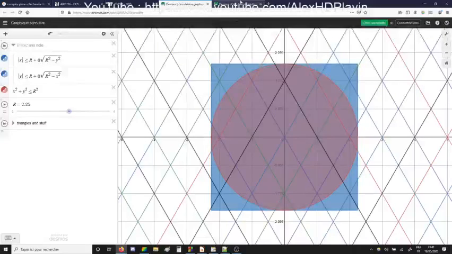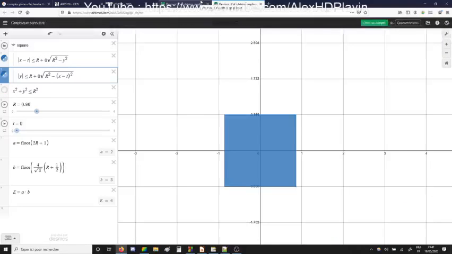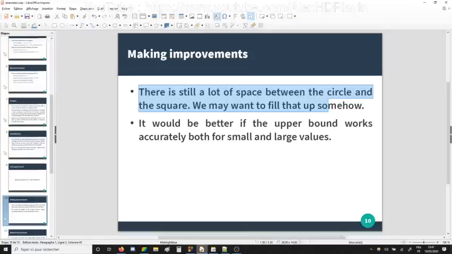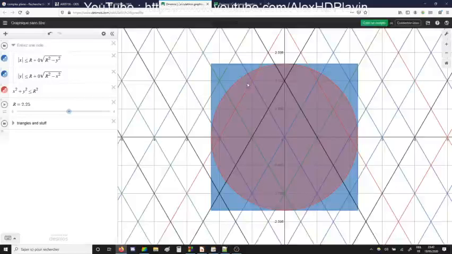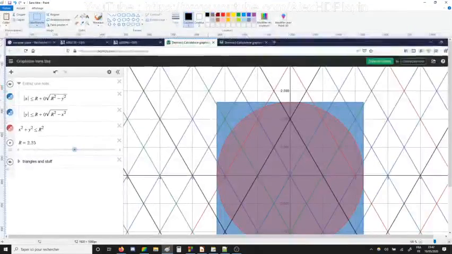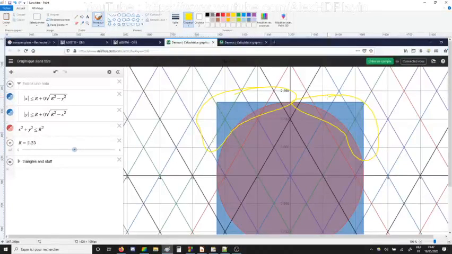What was I saying? Okay, so this should give us a good upper bound. And there's still a lot of space between the circle and the square. We may want to fill that up somehow. You can see there's still a lot of space in those areas, like here, here, here, stuff like that.